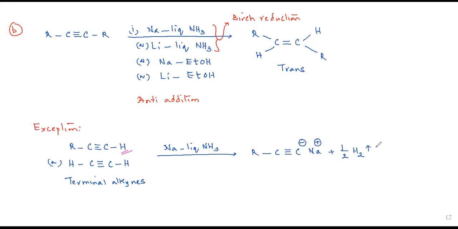Right. But why? See, when terminal alkynes are treated with sodium in liquid ammonia, you know, these acidic or active hydrogens get replaced by the metal, and you get what is known as sodium alkynide.